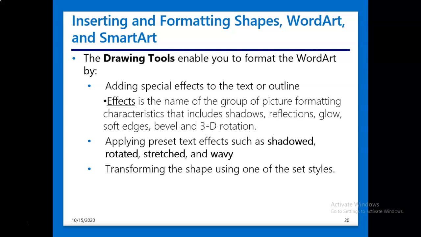Effects is the name of the group that allows you to use shadows, reflections, glow, soft edges, bevel, and 3D rotation. Applying preset text effects such as shadowed, rotated, stretched, and wavy. And then you can also transform the shape using one of the set styles under drawing tools.